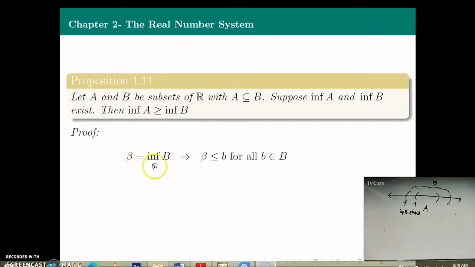we let the infimum of B be equal to beta, because in our assumption the infimum of B exists, and we're going to show this.